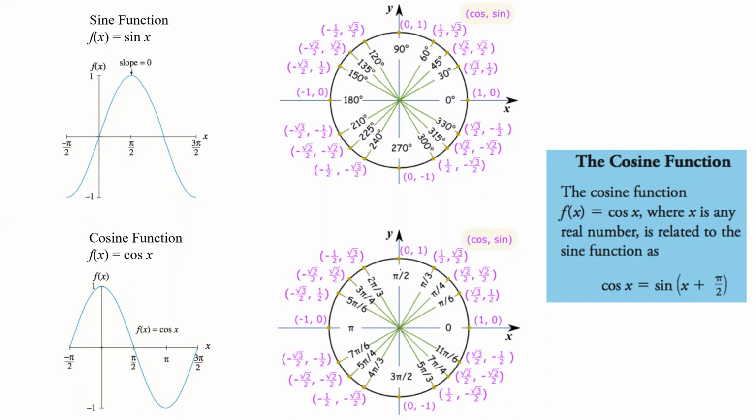Then pi over 2 radians is 90 degrees. 180 degrees is pi radians. 3 pi over 2 is equal to 270. And then we're back to 0, which could also be considered 4 pi over 2, or just 2 pi. Okay, so that's our circle.